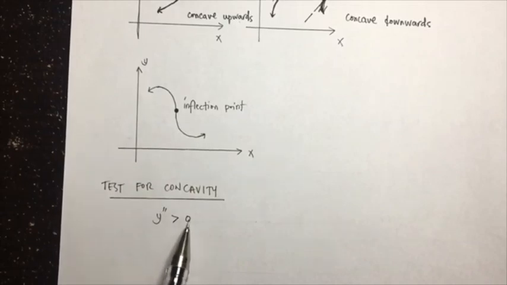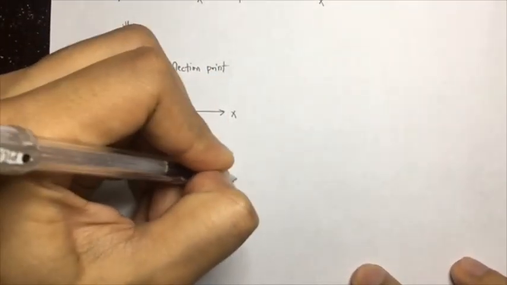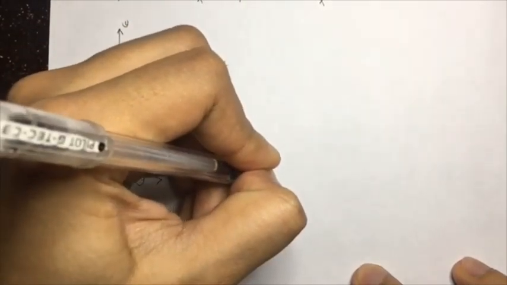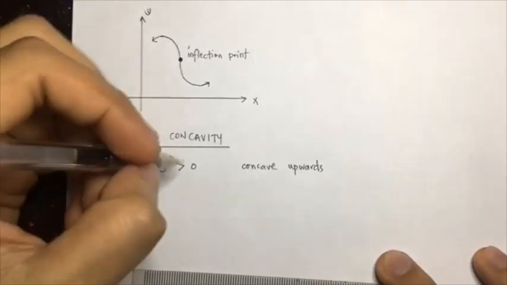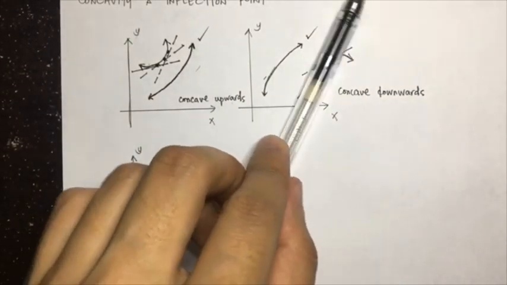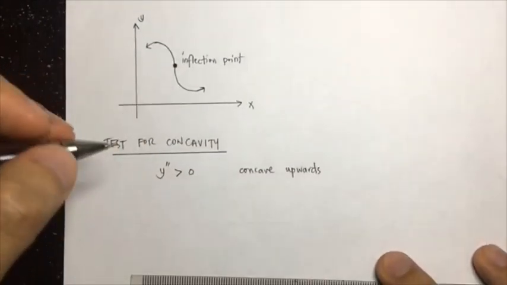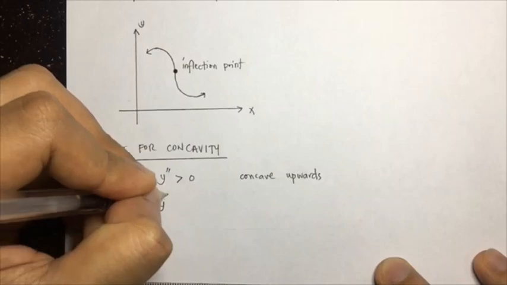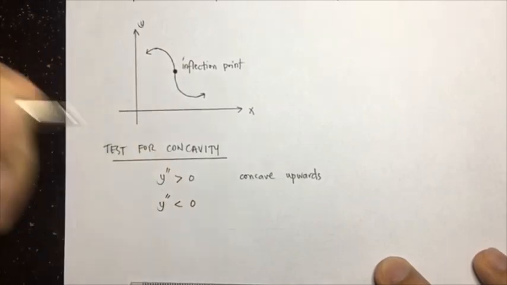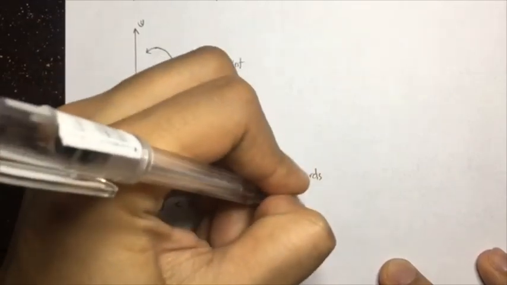So if it's greater than 0, our curve is concave upwards. Similarly, if the slope is decreasing as you go from left to right, the second derivative is less than 0 and it's concave downwards.